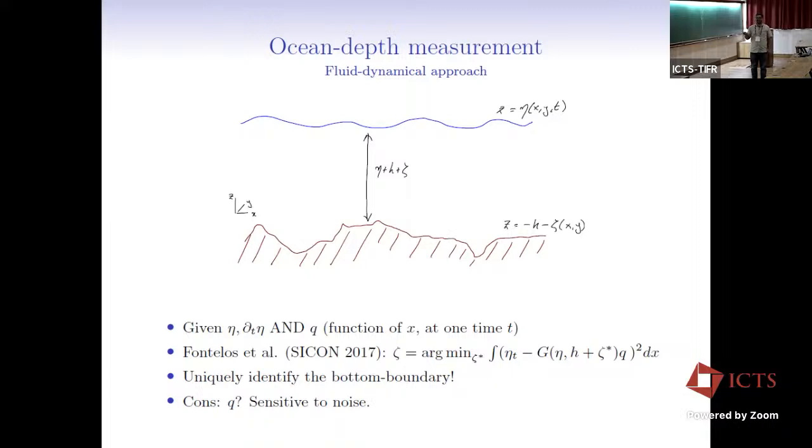That's exactly the problem, this sensitivity to noise. The other issue, of course, is nobody knows how to measure Q. We only know how to see the surface. We do not know how to measure the velocity potential on the surface. So it's a nice result, but it doesn't really answer the question, because in some sense we need to figure out Q.